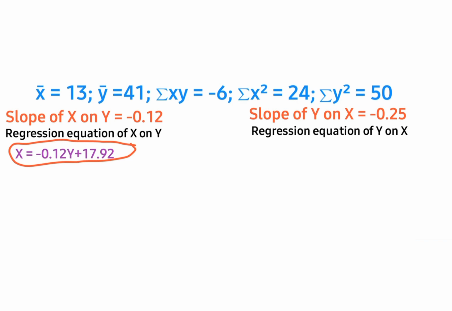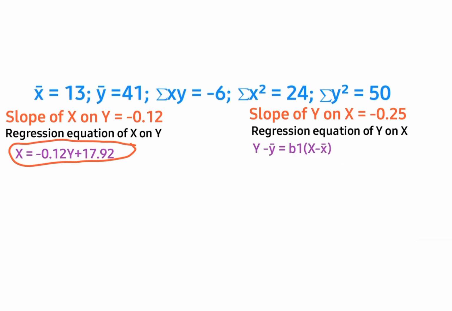Let's also determine the regression equation of y on x. The formula is y minus y mean equal b1 times x minus x mean. Y minus y mean, the value of our y mean we got 41 here, and we record it now, equal b1. b1 of y on x we get minus 0.25.